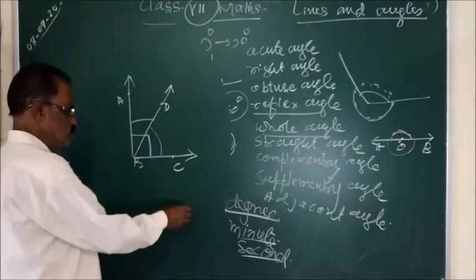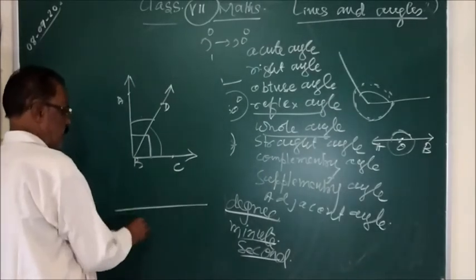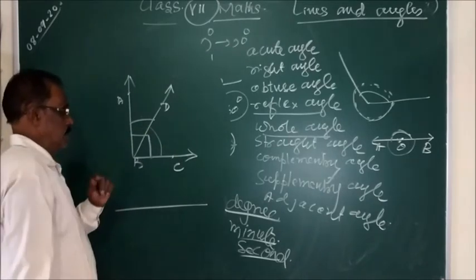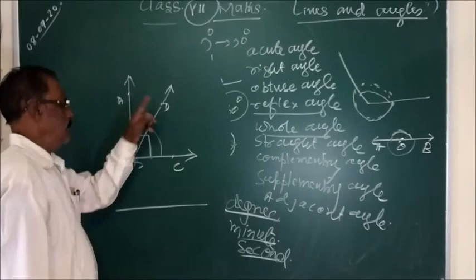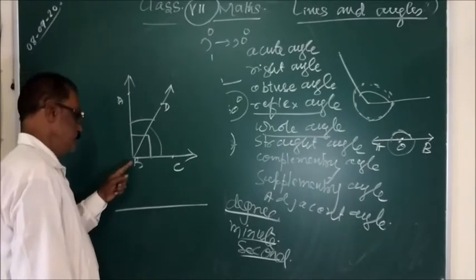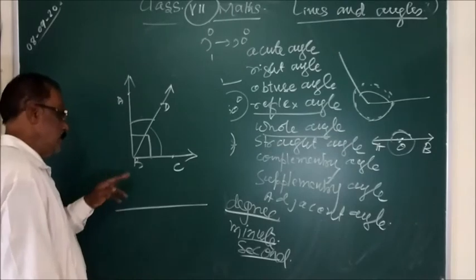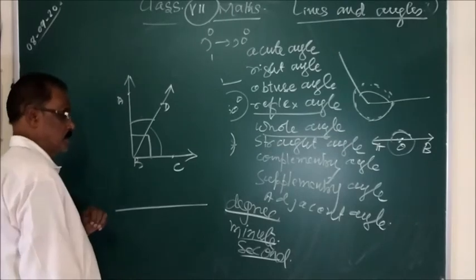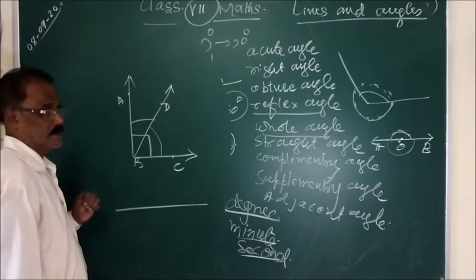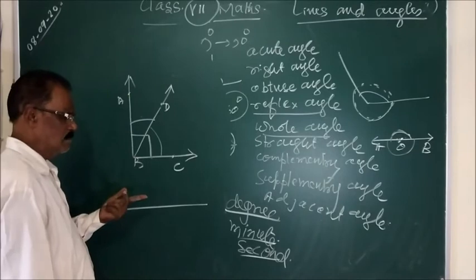Complementary angle, supplementary angle and adjacent angle. Understand here, adjacent angles are those which have a common arm and common vertex. So angle ABD and DBC are also called adjacent angles because BD is common.